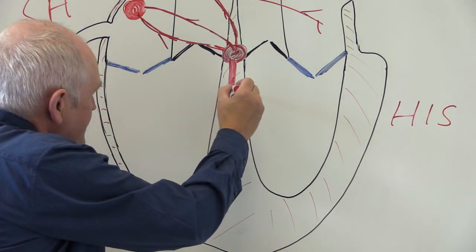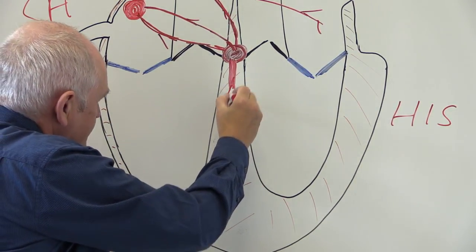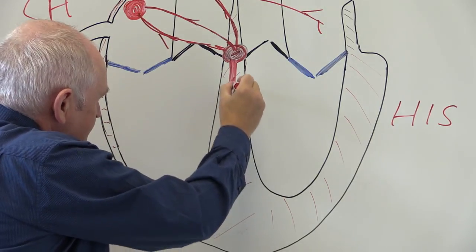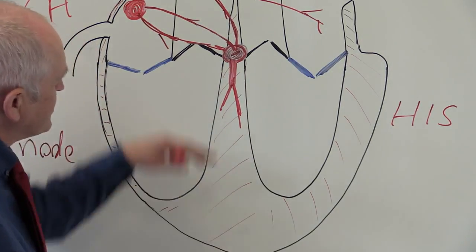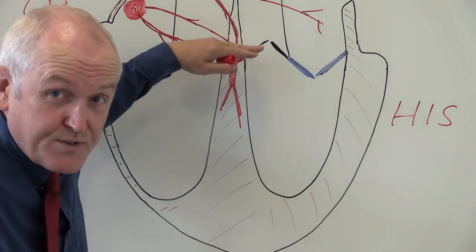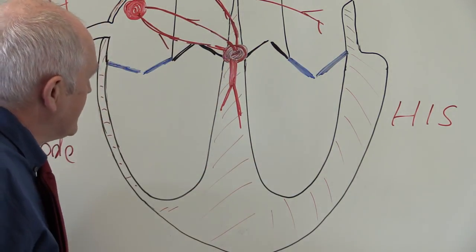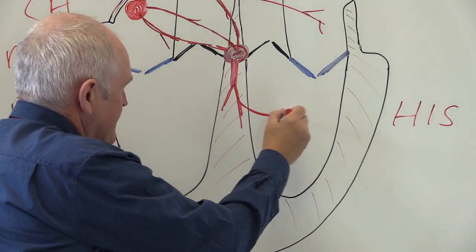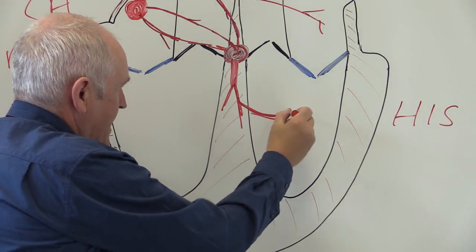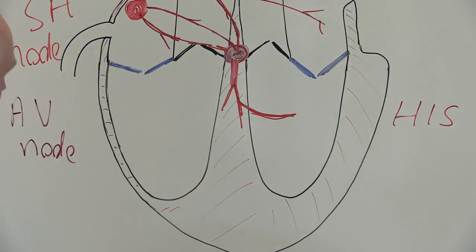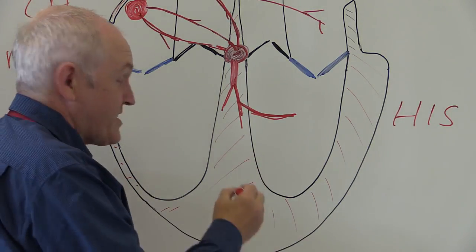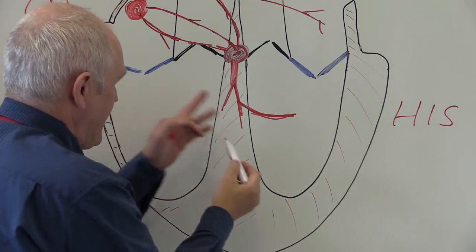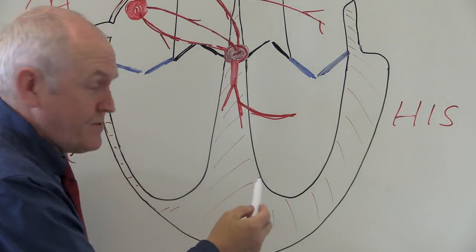And then this quickly divides into two smaller bundles, and these bundles start bringing the impulse further down through the cardiac septum. This one actually branches, taking the impulse into the higher parts of the ventricular myocardium. There's actually a few branches here, but there's two main ones, the left bundle branch and the right bundle branch.